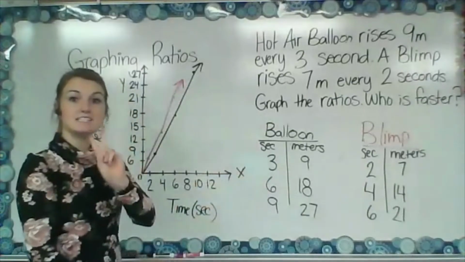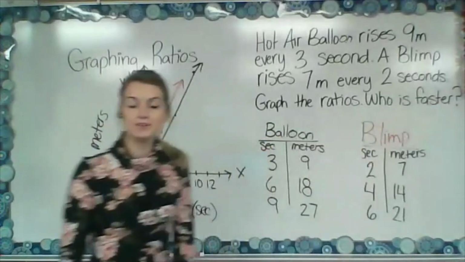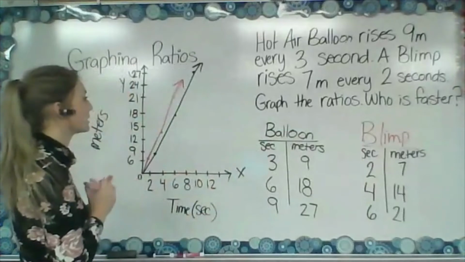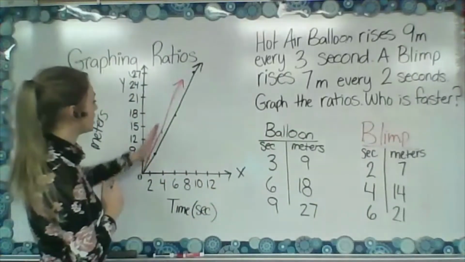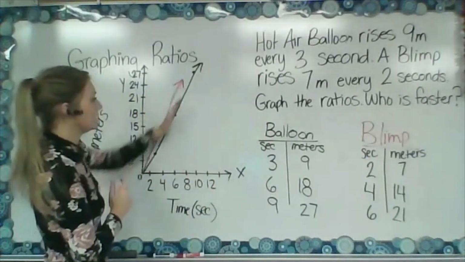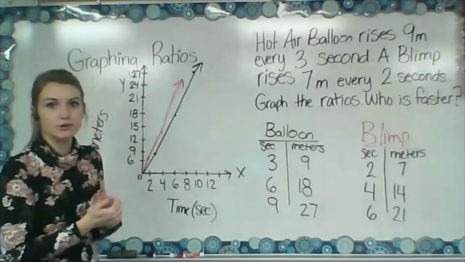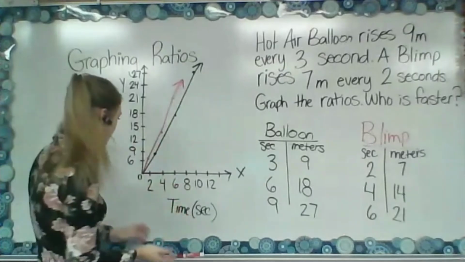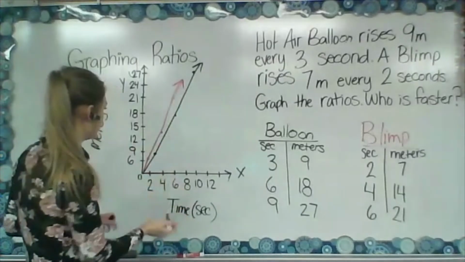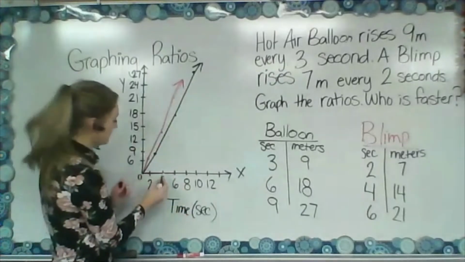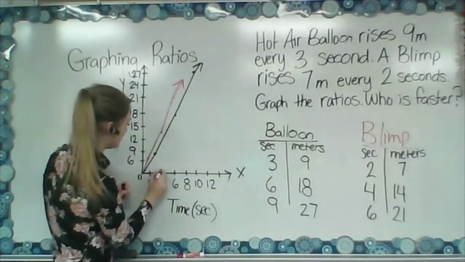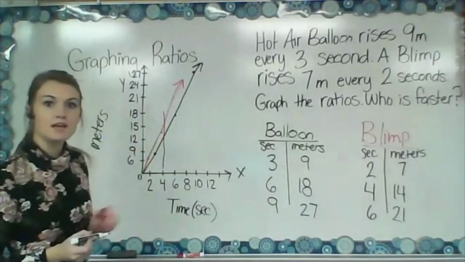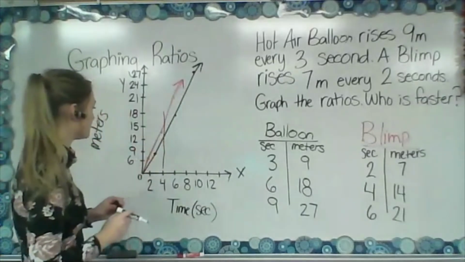First part's done. Second part, who's going to be faster? Well, let's take a look. We've got our blimp here and our balloon here. The best thing to do is to take a second. For example, let's pick maybe 4, and let's go straight up from 4.